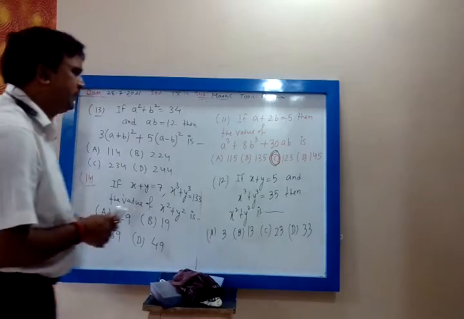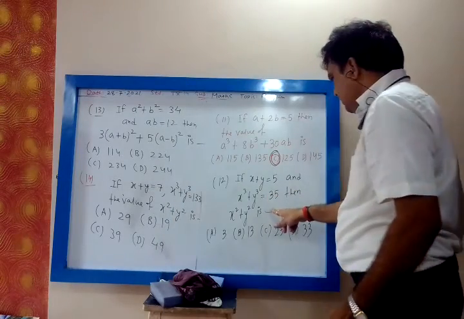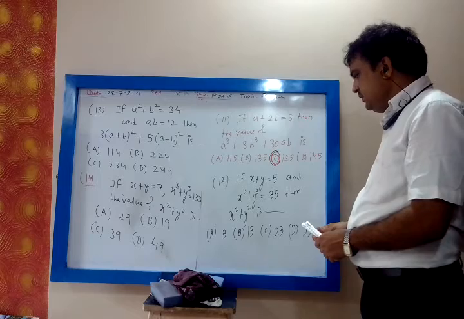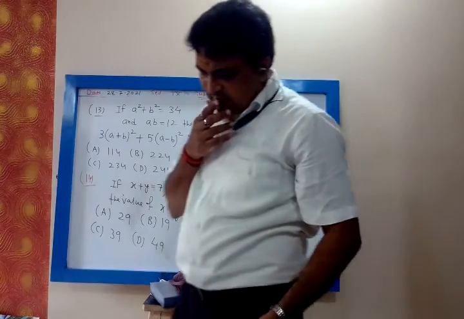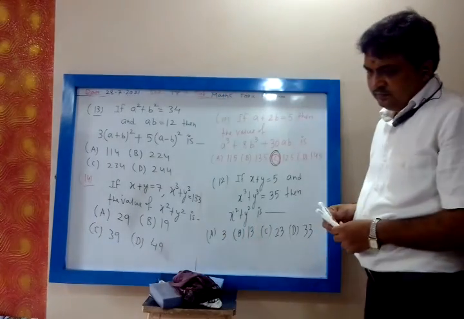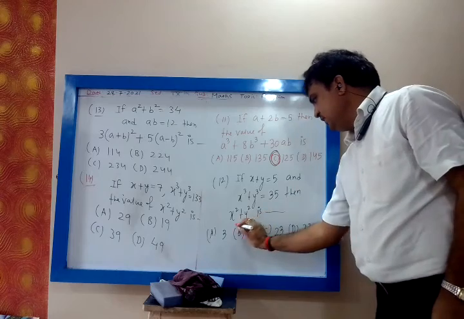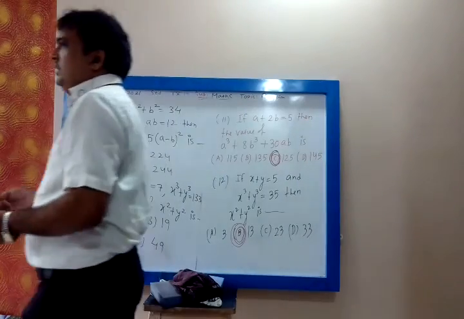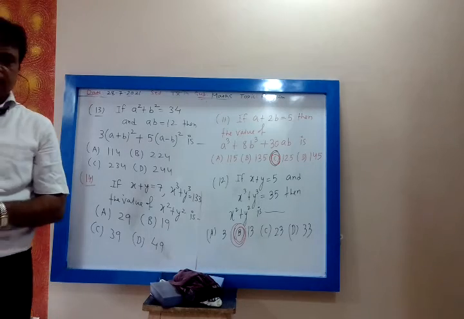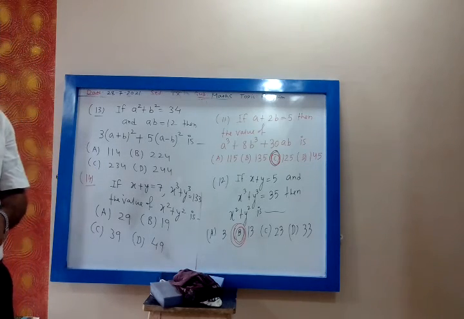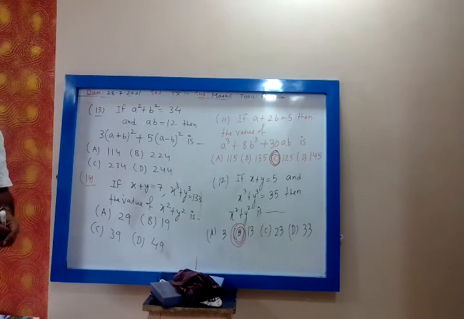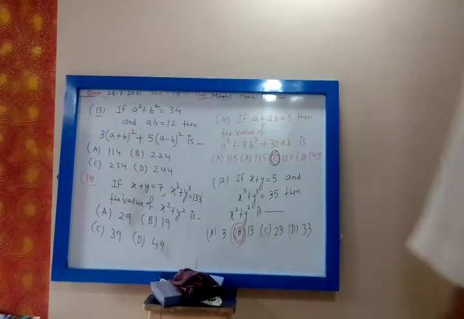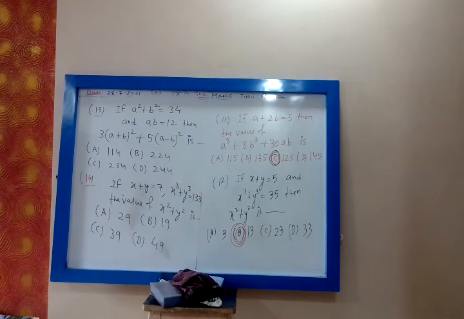Which answer? 13. The 12th answer is 13. Yes, so let us log this answer 13. What, have others got 13 only or a different answer? Okay, so 13 is the correct answer.